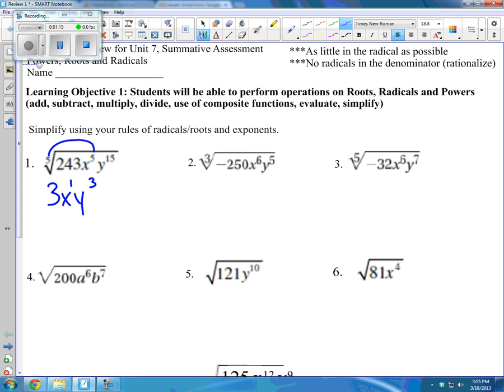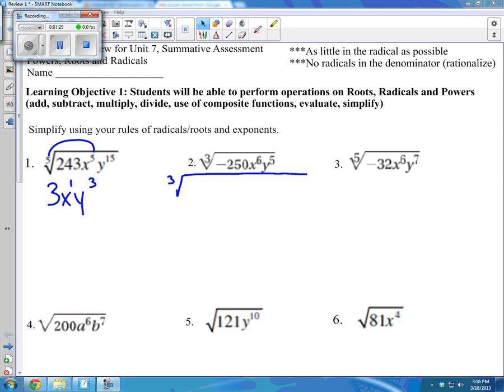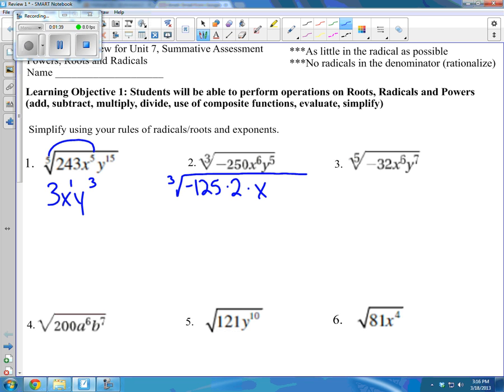All right, number 2, what I'm going to do is break this up into factors of perfect and not perfect. So here is the start of my cube root. And I'm going to break negative 250, looking at the cube root column, down to negative 125 and 2. X to the 6th is perfect, so I'm going to leave it alone.